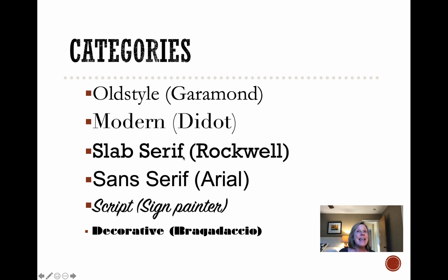But the key characteristic is that the serif is squared off. That, in fact, is the category of type, a typeface called Rockwell, which I am actually using in my lectures. I like it because the letters, there's no transition. The letters are completely monotone, and it's very readable on a screen.